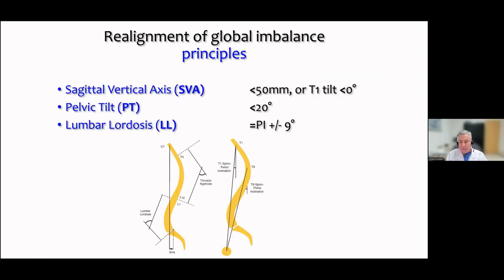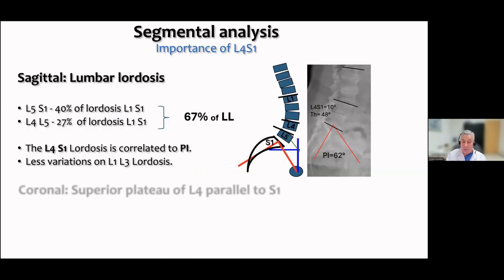So this is the basic: the SVA has to be less than 50, the pelvic tilt has to be below 20, and this is relative, and the lumbar lordosis has to match pelvic incidence, and this is well known. What we also focus on in our department, and this is also because of Daniel Chopin, is how important the distribution of the lordosis is.